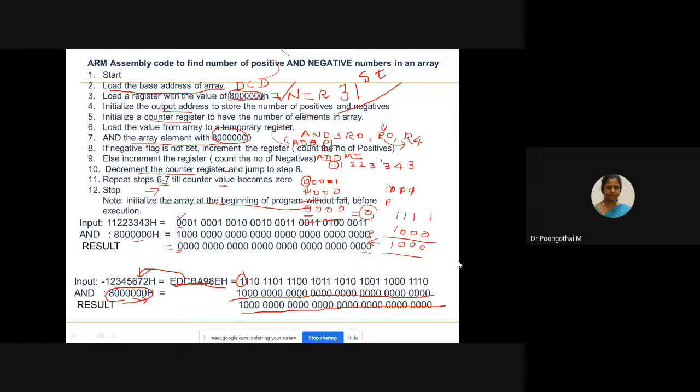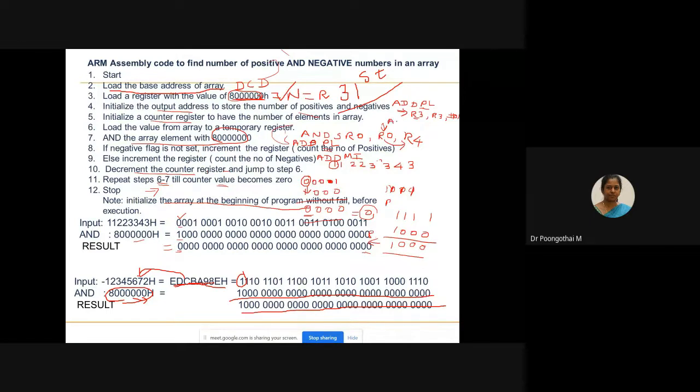Now how to write this: ADDPL R3, R3, #1. So if the number is positive, this instruction will get executed, where R3 will be incremented.